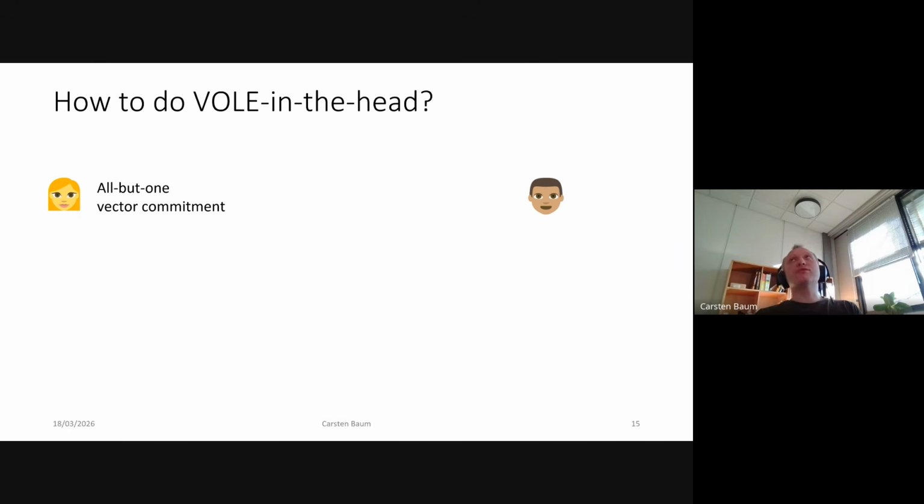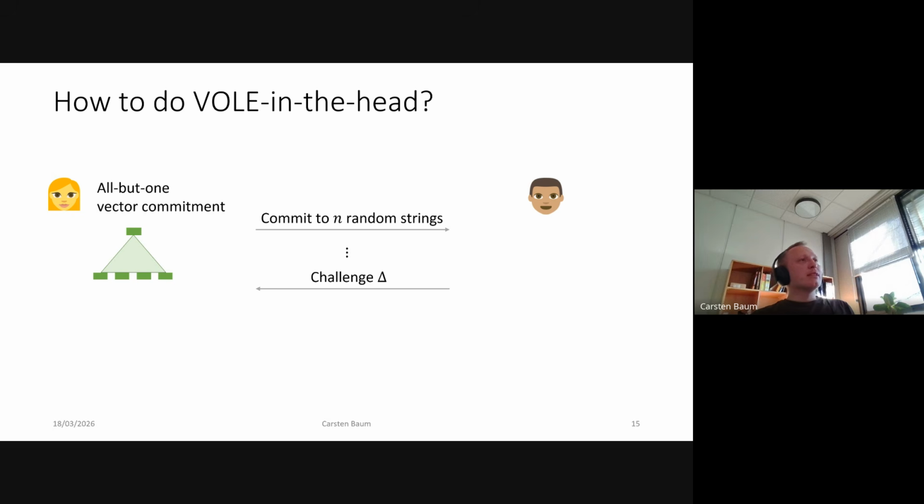But how do we then turn this into a VOLE generation for a NIZK? Instead of generating n secret shares and sending them through an OT, where the receiver only learns n-1, what I can do is commit to n random bit strings, wait for a challenge from the verifier, and then open all except one of those bit strings. So an all-but-one vector commitment.